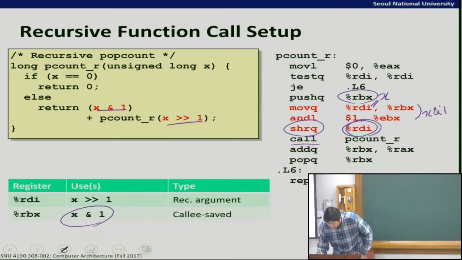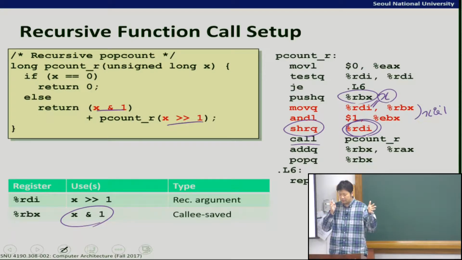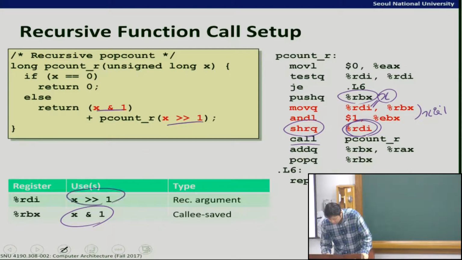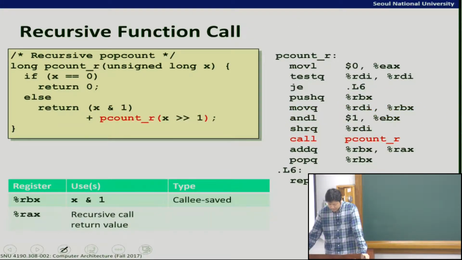Originally this register holds the value of x. By shifting it to the right by 1 bit, we get the new argument, x shifted right by 1, as the new argument for the recursive function, right? And then we finally call the function.